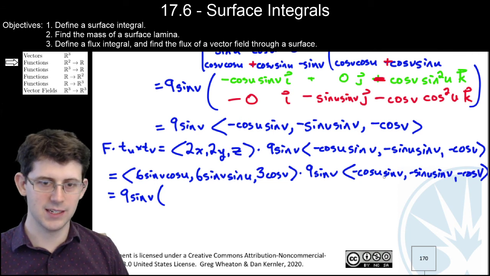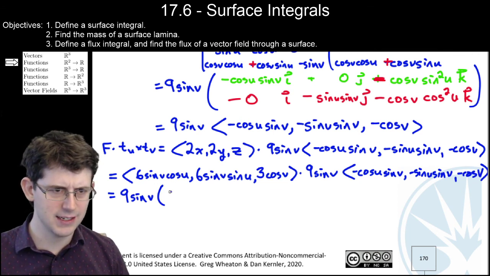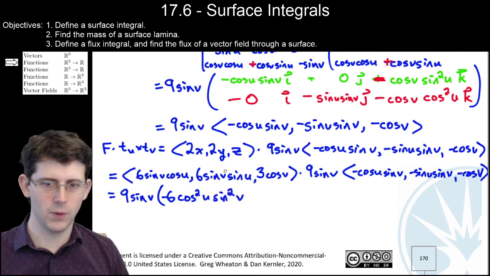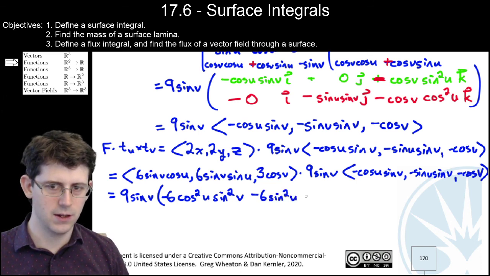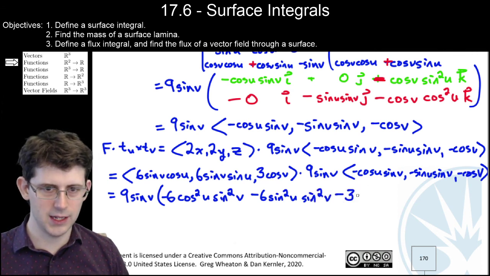The x coordinates multiply together. I've got minus 6 cosine squared u sine squared v. The y coordinates, I get minus 6 sine squared u sine squared v. And in the z coordinates, minus 3 cosine squared v.